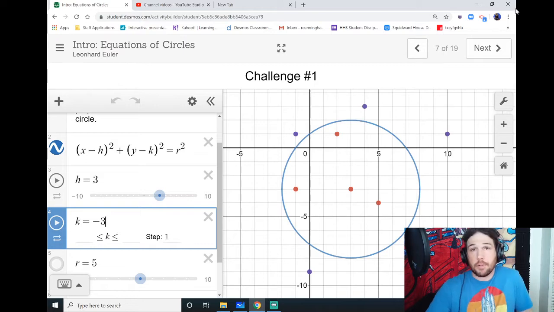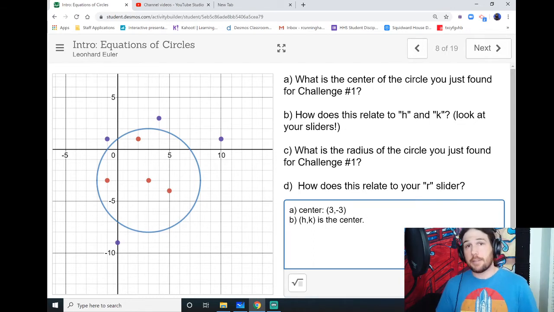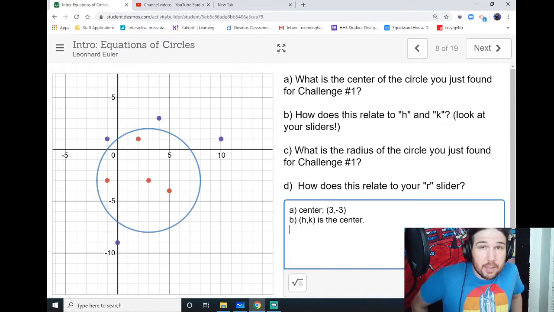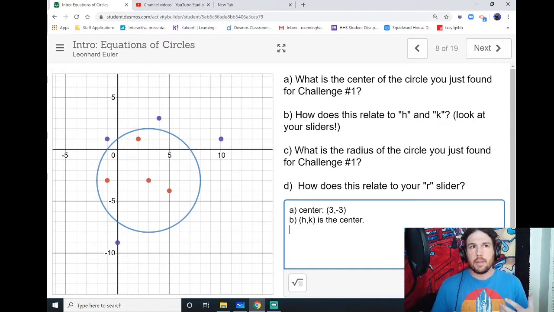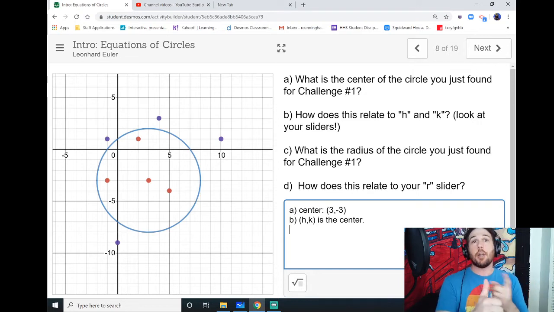So like we said before, h, k as a point is the center. I'm going to be restating this idea several times over the next 15 or 20 minutes. Because again, this is brand new to most of you, but it's not brand new. This idea of using h and k to move a parabola around or a line around is something that you've done. Point slope form was like that, and manipulating parabolas.